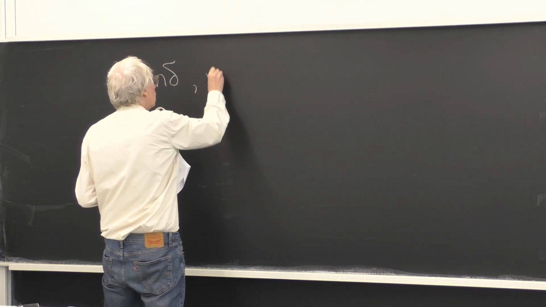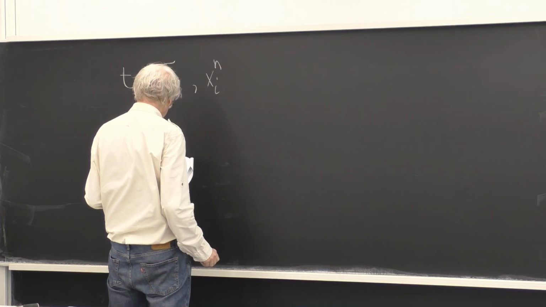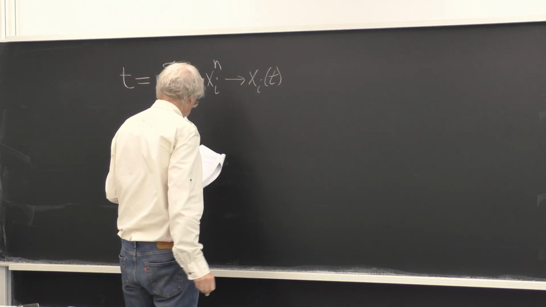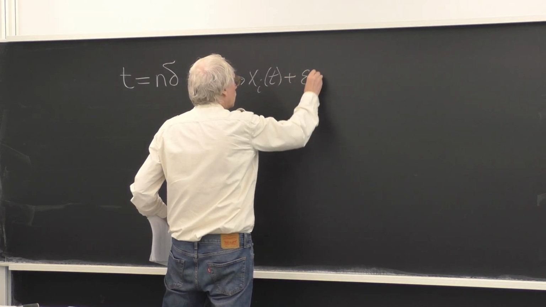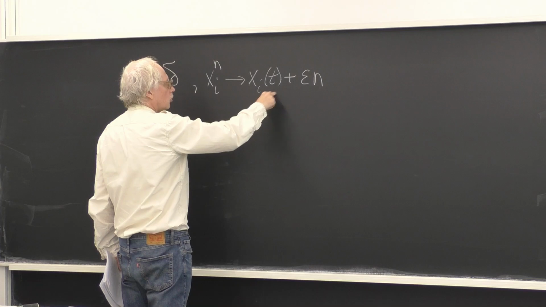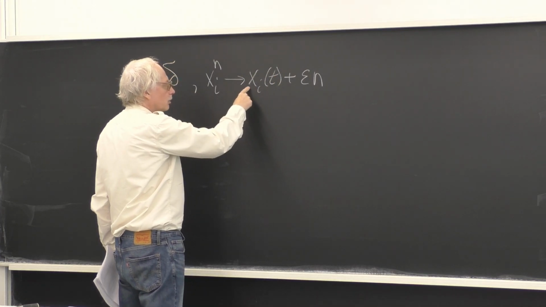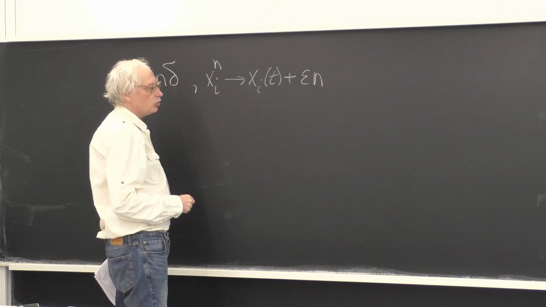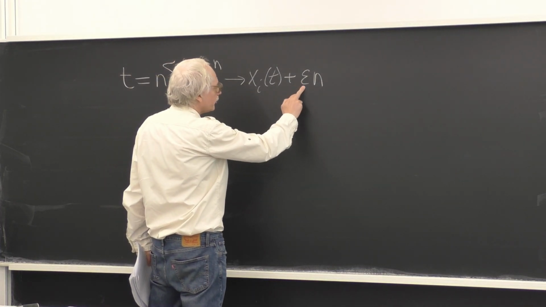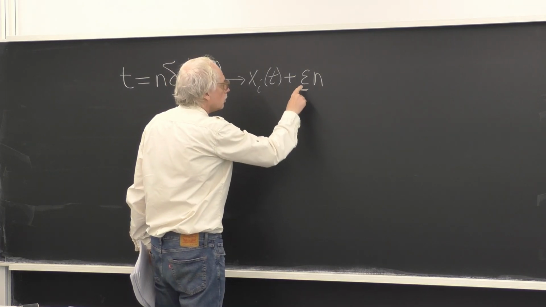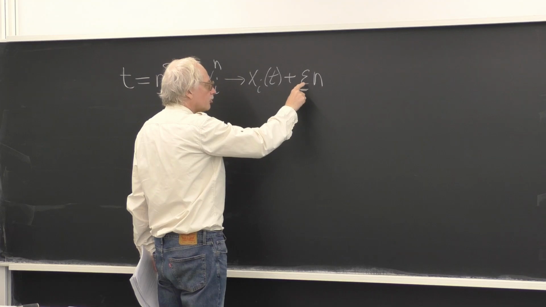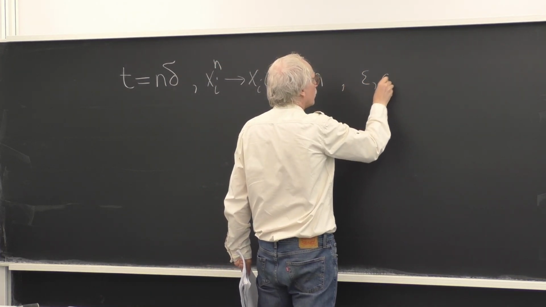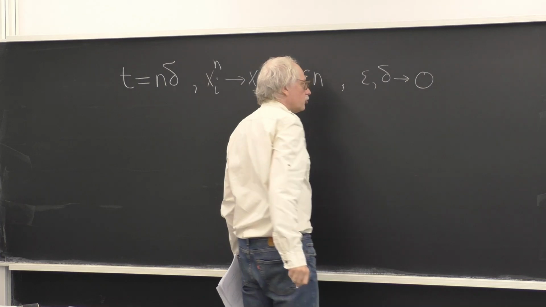And instead of xi n, write it as xi of t, which will be coordinates of Cauchy-Riemann particles in the continuous model, plus some other small parameter epsilon times n. Eventually, epsilon and delta will tend to 0.